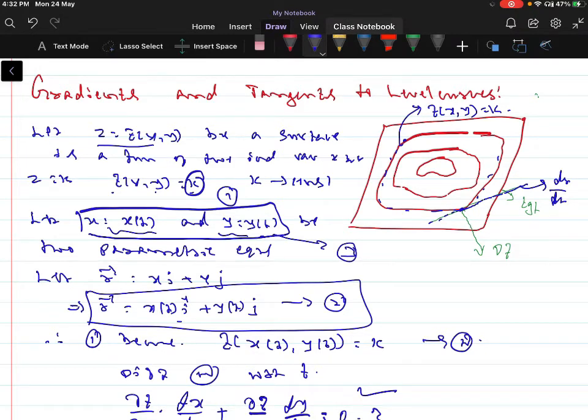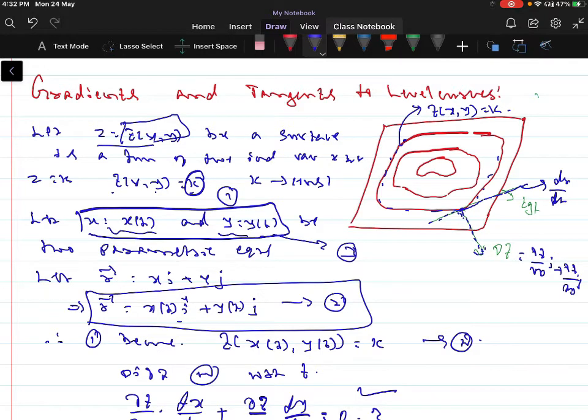And from the function f of x comma y, you can define the gradient, where gradient is ∂f/∂x i cap plus ∂f/∂y into j cap. So we can define the gradient vector here.